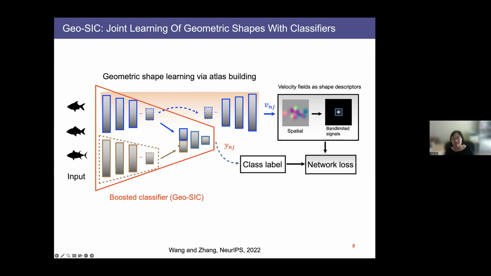We fuse these features together with a typical classifier. Whatever image classifier you can name, it doesn't depend on any architecture. Then we use these integrated shape and texture features for classification, to see whether we can improve the classification accuracy.